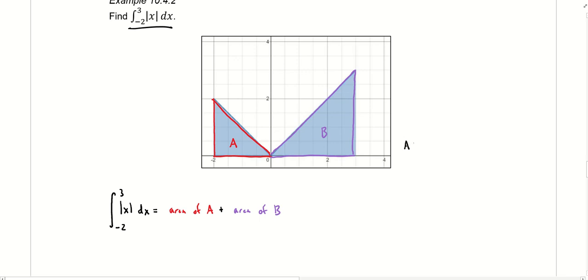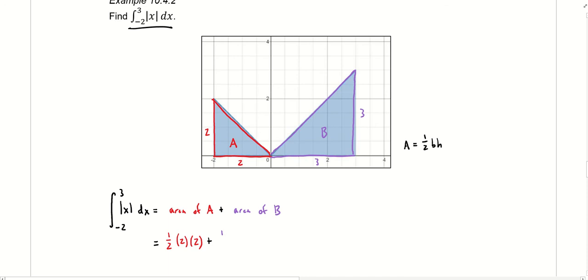So remember, the area of a triangle is 1/2 times its base times its height. If we look at the area of A, we can see that its base looks like it is 2 units, from 0 to -1, -1 to -2, and its height also looks like it's 2 units. So the area of A is going to be 1/2 times the base times the height. And for B, we can see that its base is 1, 2, 3 units, and its height is also 3 units.